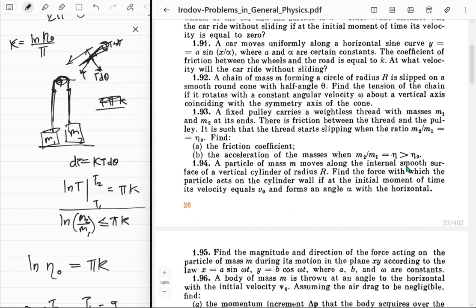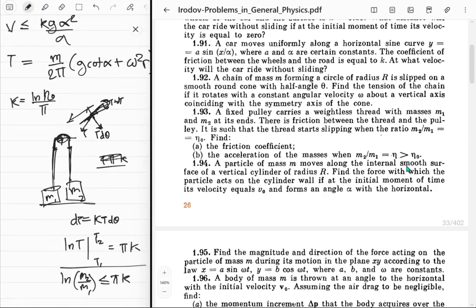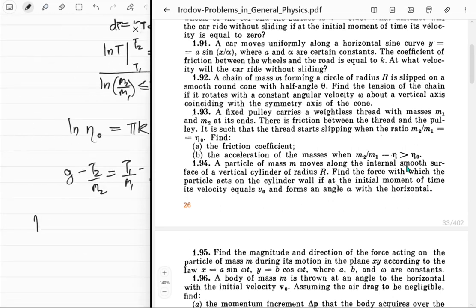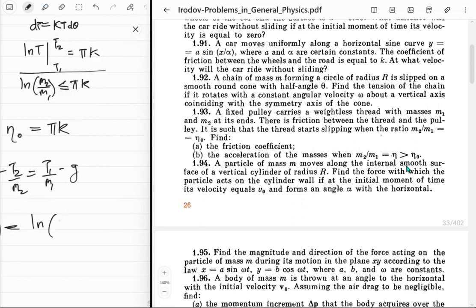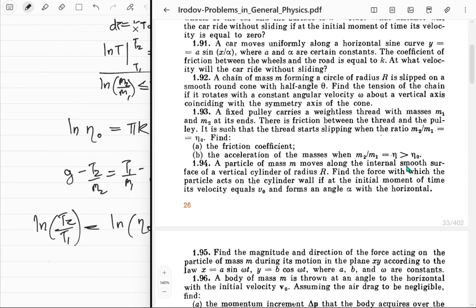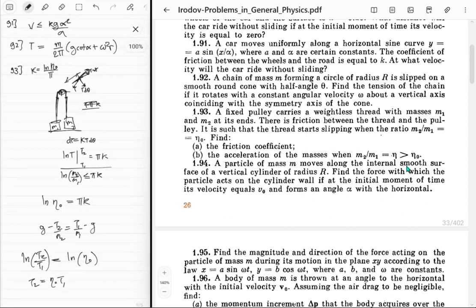Oh, come on. So πk is equal to natural log of μ0, right? So you can write natural log of T2 upon T1, sorry, that should be equal to natural log of μ0. So you can say, okay, T2 is this many times T1. Once you have this, everything else is solvable now.